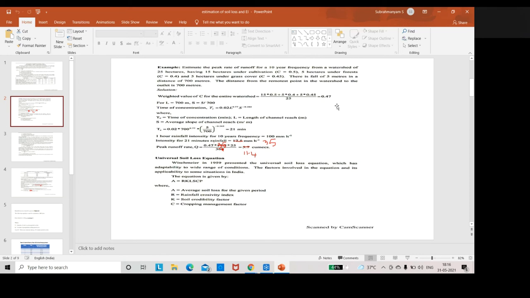Then we get 0.47. The weighted average C value is 0.47.